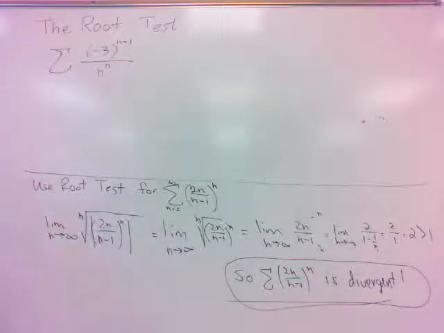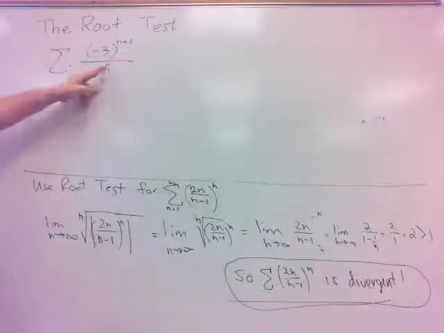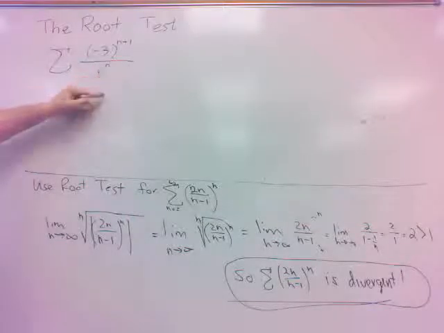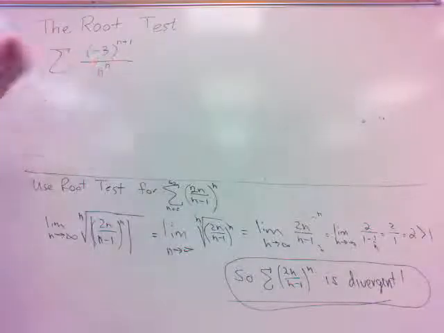But the root test is still going to help us out here, because I've got an n to the nth power. If that wasn't part of this, we'd go with some other test. But since I have an n in the base and in the exponent, that's probably a good clue to use a root test.